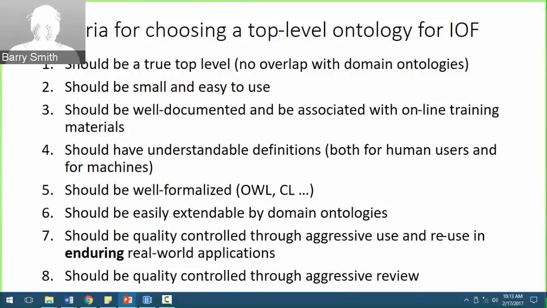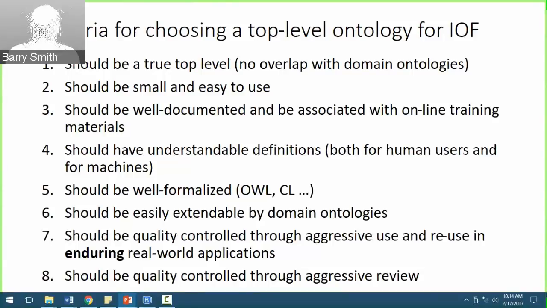The idea underlying the OBO Foundry, which I think should be at work here, is that the domain ontology should be controlled by domain experts. They should have the responsibility, the commitment, and also the incentive to maintain those domain ontologies to the highest possible quality standards. And the top-level ontology should give them maximum freedom to do that work.